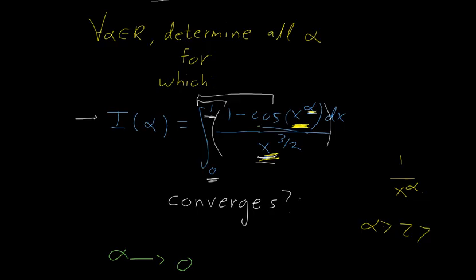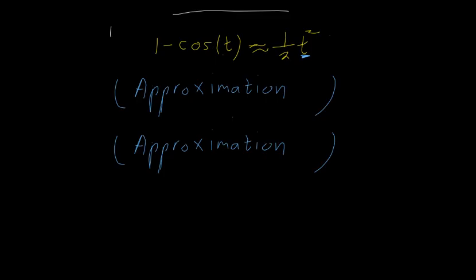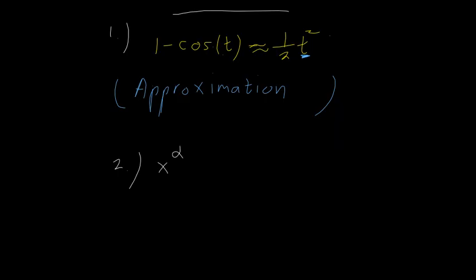So we're going to use the improper integral rule. So we're going to have any power of x, x to the power of alpha, as it approaches 0.